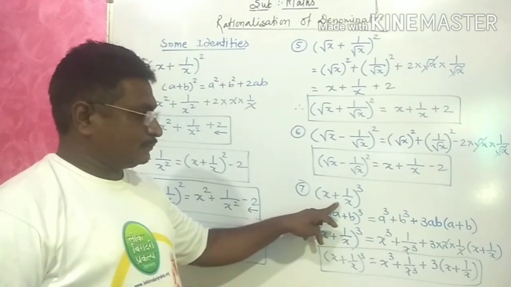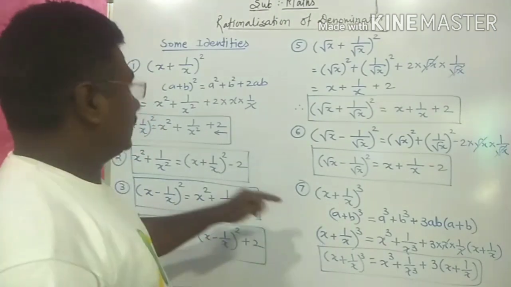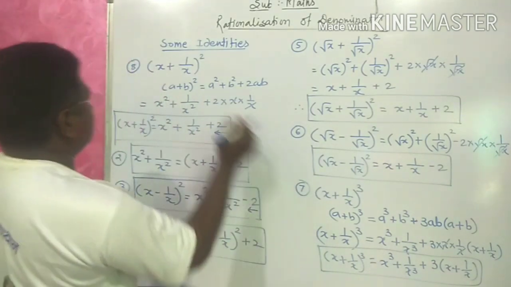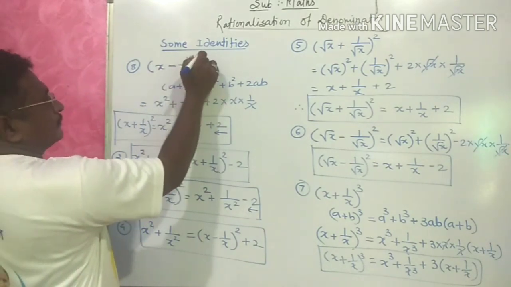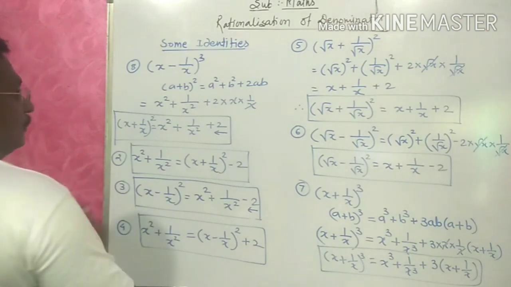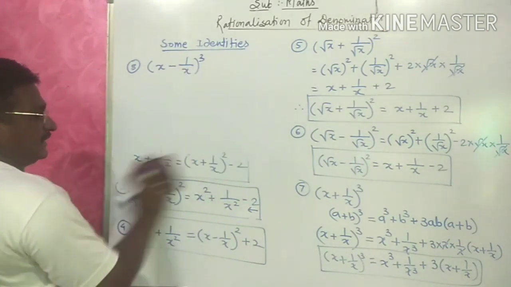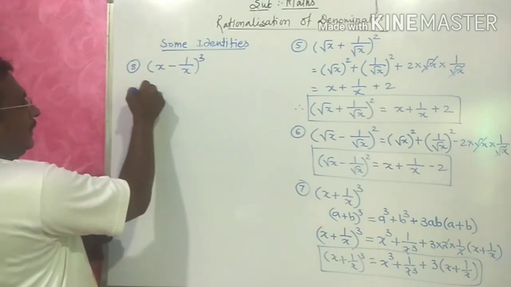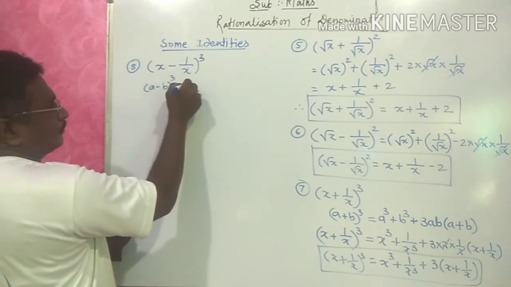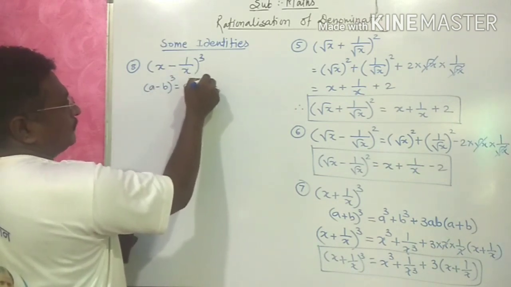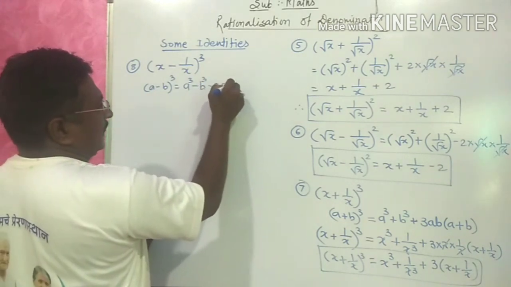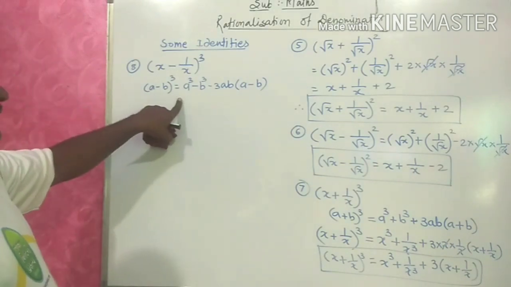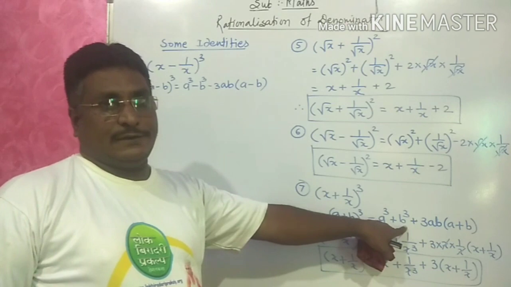Understood, student? This is for plus, for addition. Now we will take subtraction, cube. Same way we have to do. So which cubic identity will we get here? a minus b whole cube equals a cube minus b cube minus 3ab into a minus b. This is the cube identity.